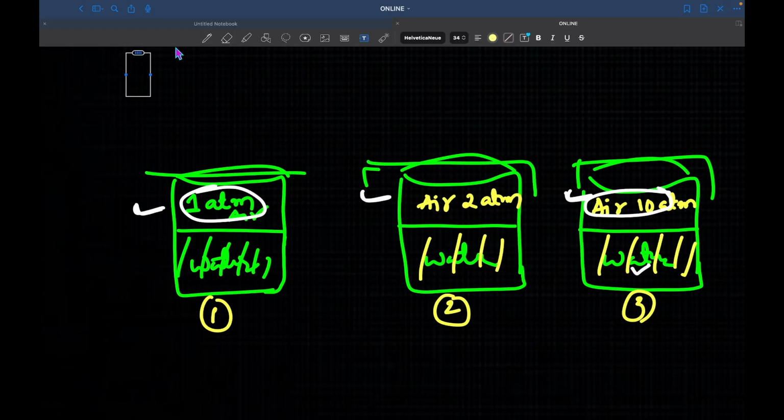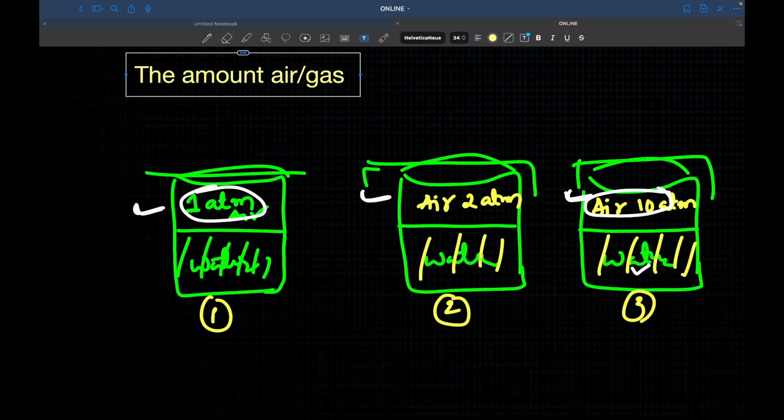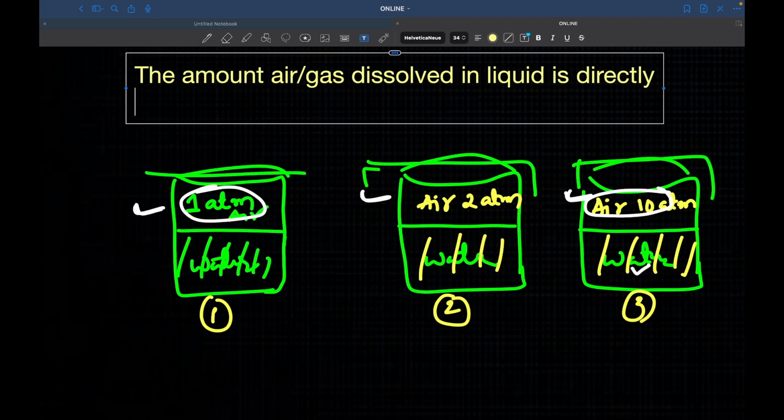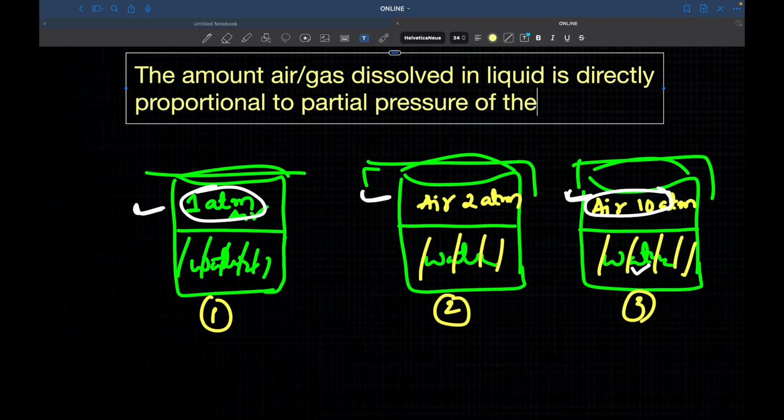I'll write the Henry's law here. The amount of air or gas dissolved in a liquid is directly proportional to the partial pressure of the air or gas.